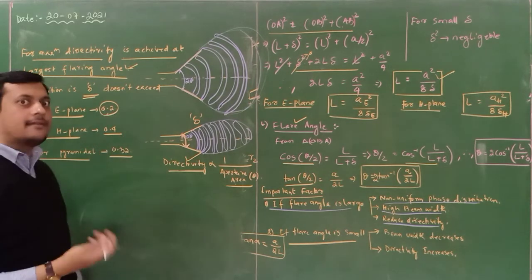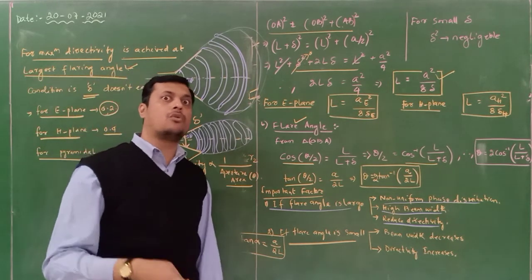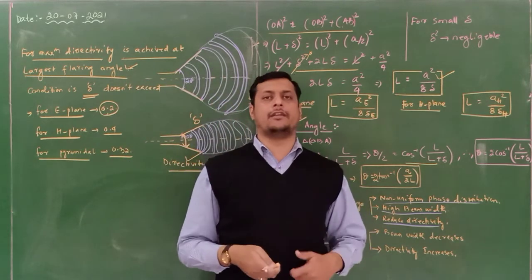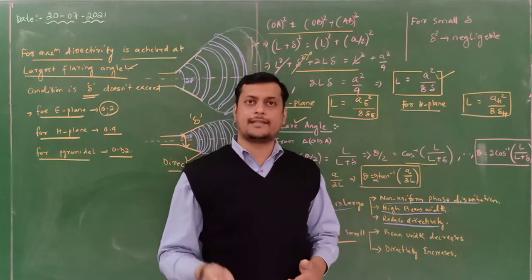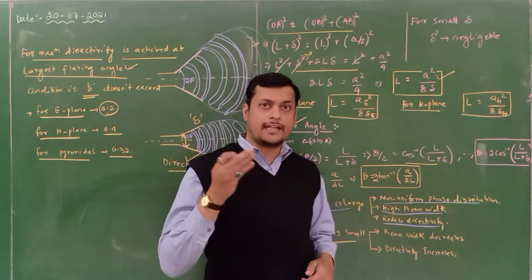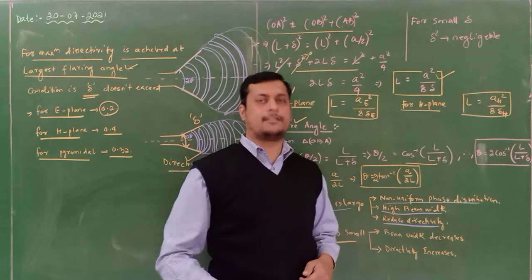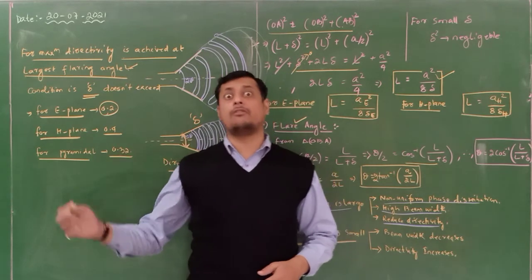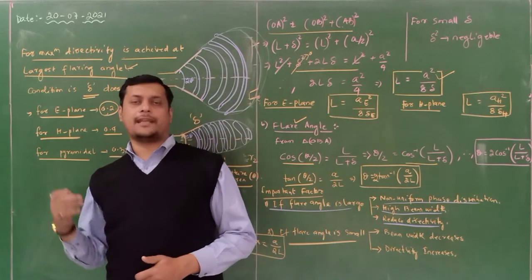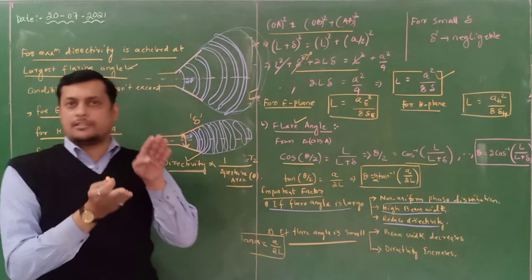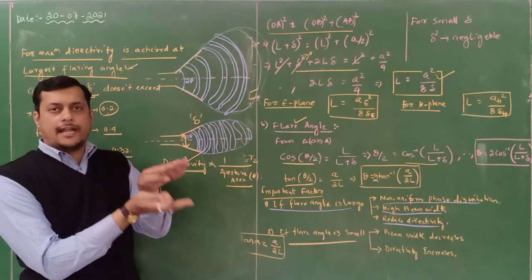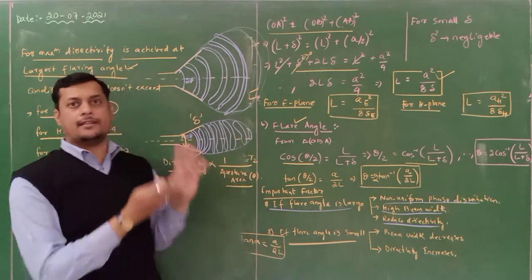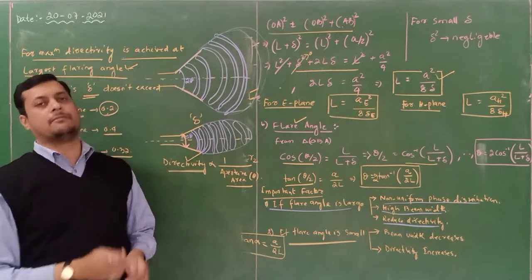These are the standardized values. We should not go beyond these particular values, due to which my directivity will reduce. I need to transmit my signal with high directivity so that it will propagate to a longer distance, that means without losing the quality. So I can say my flaring angle must be in such a manner that the beam width is less, directivity is high, and the path difference is also limited.